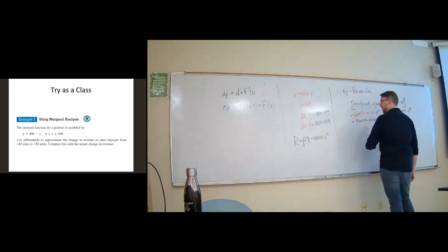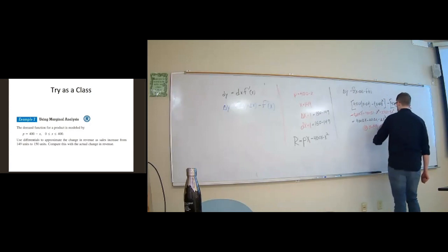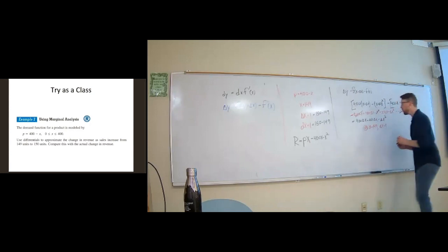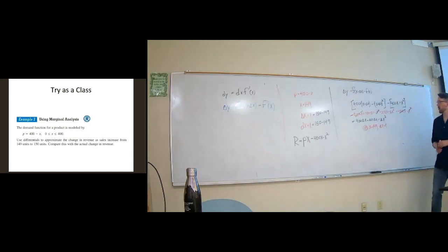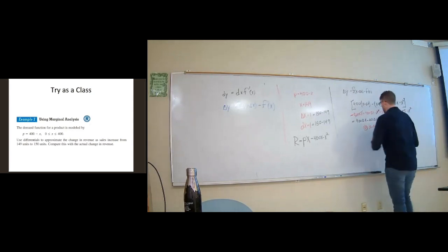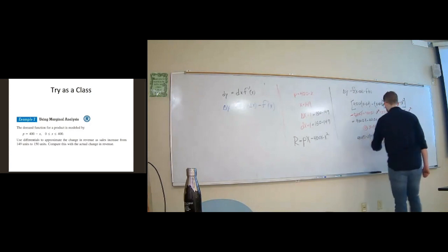At x equal to 149 and delta x equal to 1, we're going to plug everything in now and get 400 times 1 minus 2 times 149 times 1 minus 1 squared.